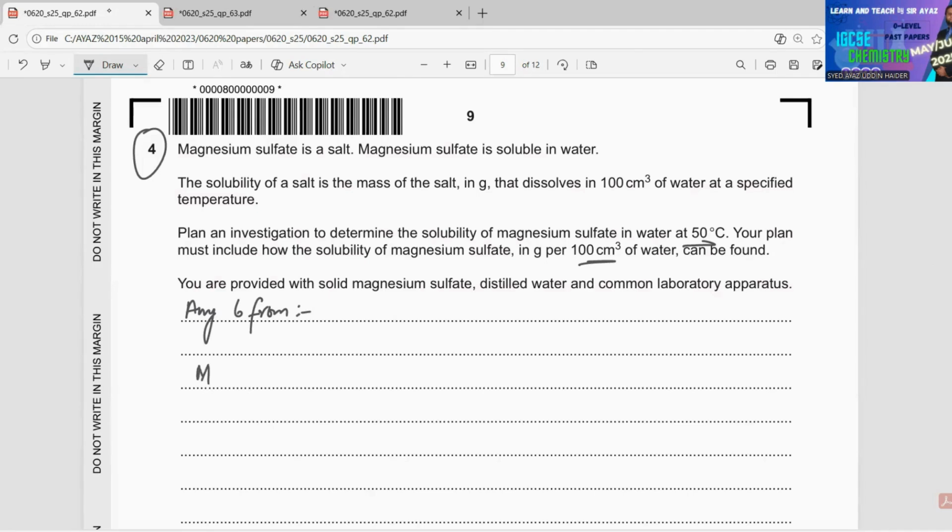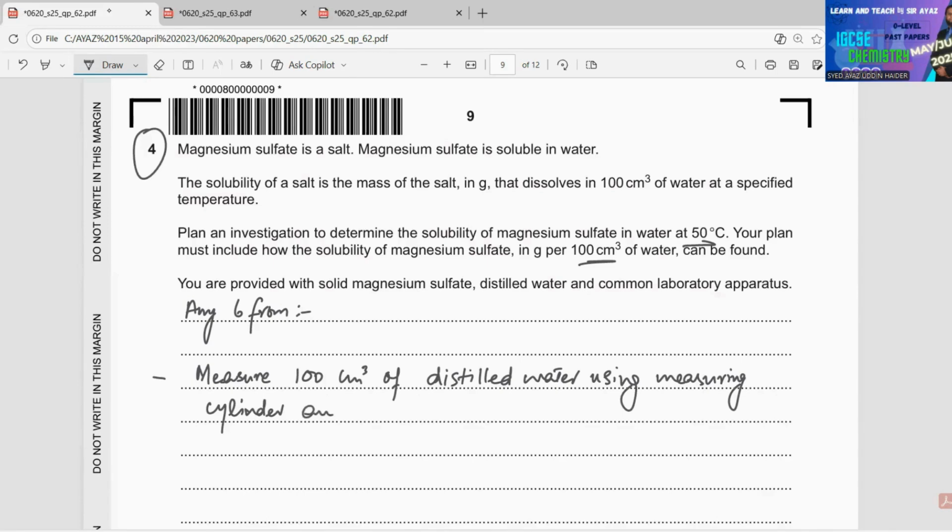Measure 100 cm³ of distilled water. You can write using a measuring cylinder and take it in a container. Name the container, beaker.